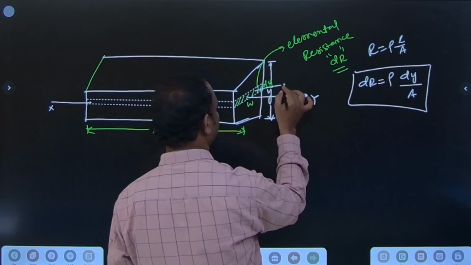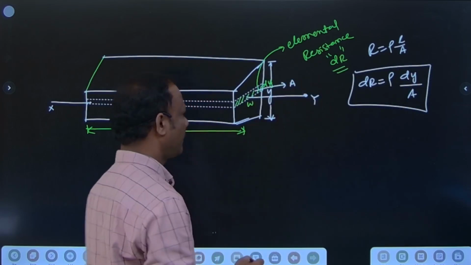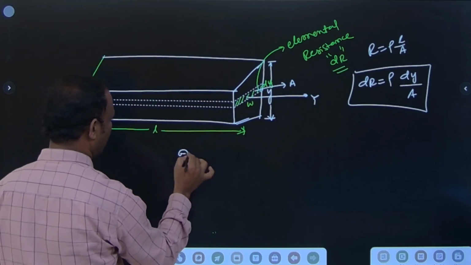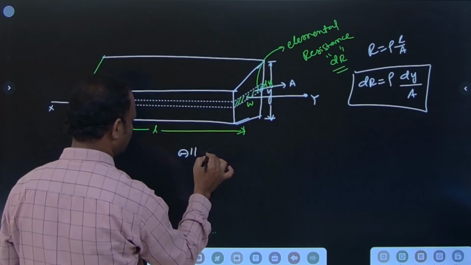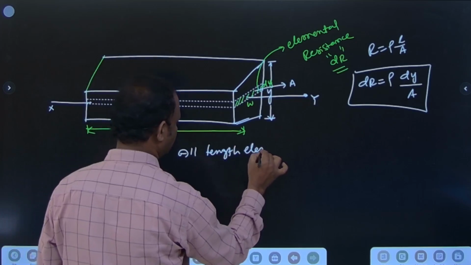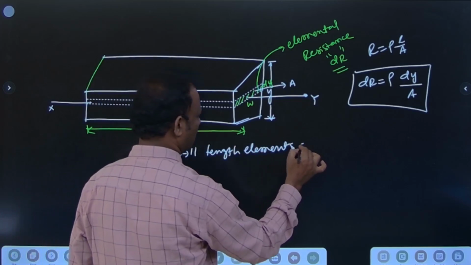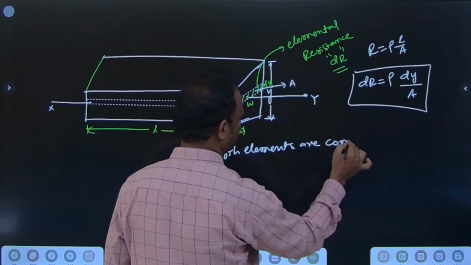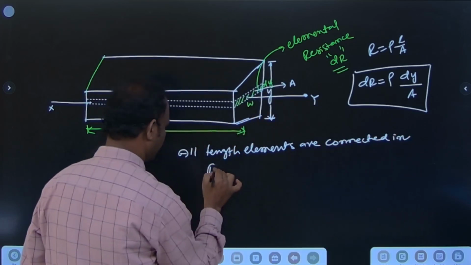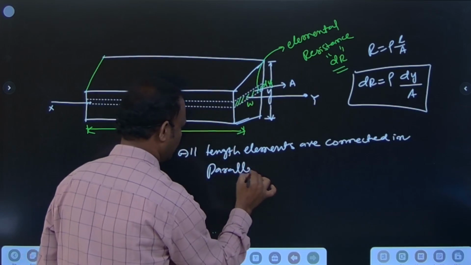Its area we need to find. All these length elements are connected in parallel.